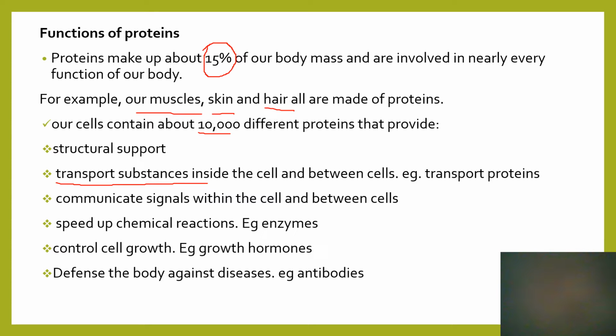Almost all chemical reactions that occur in our body need enzymes which catalyze such chemical reactions. Therefore, all enzymes are proteins. Without enzymes, life is impossible. Therefore, these proteins can speed up chemical reactions of living organisms.